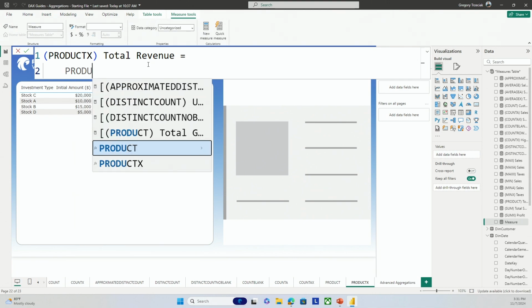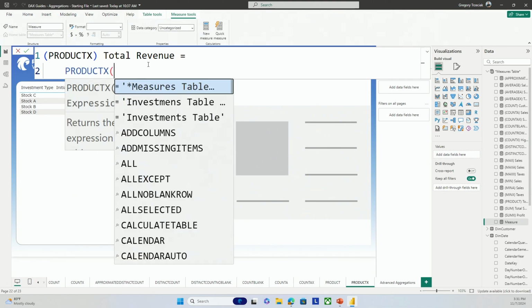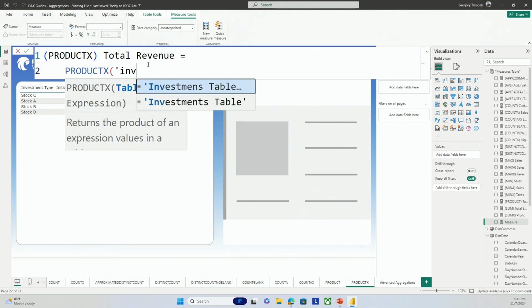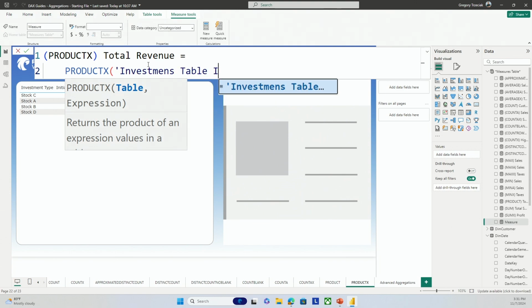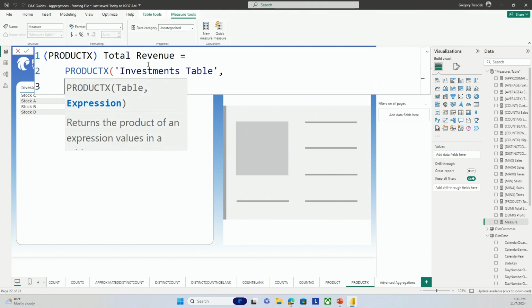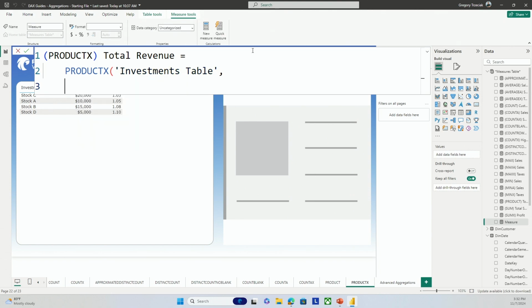So I'm going to use product X followed by this investments table that I have. And then what I'll do is try to add a little bit more to this.